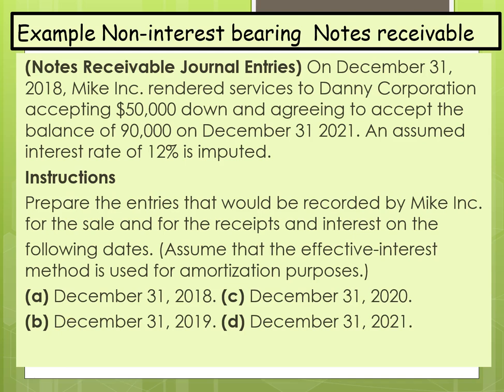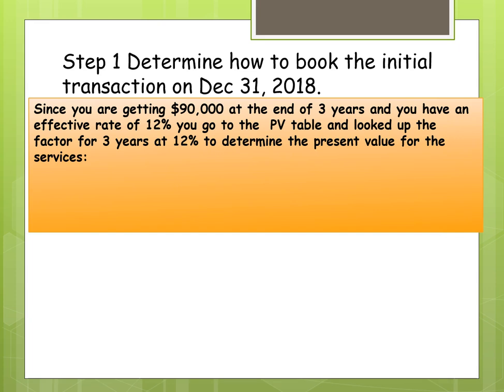First thing we have to figure out is how to book this journal entry. Since you're getting $90,000 at the end of 3 years, you have an effective rate of 12%. You go to the present value table and look up the factor for 3 years at 12% to determine the present value of a single payment.